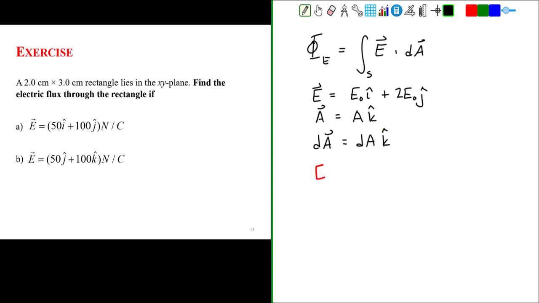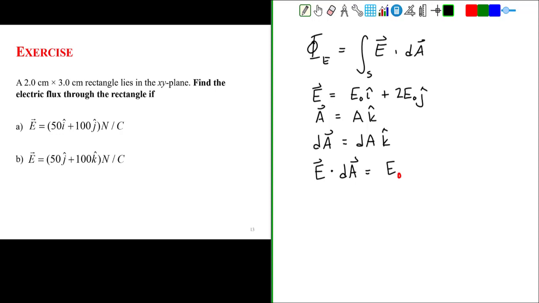Let's take the dot product of the two. The dot product of the electric field and the area vector is going to be given by, and we could do this a couple of ways, the first way, I'll write it like this. This will be given by the sum of the products of the components of the electric field and the area vector.